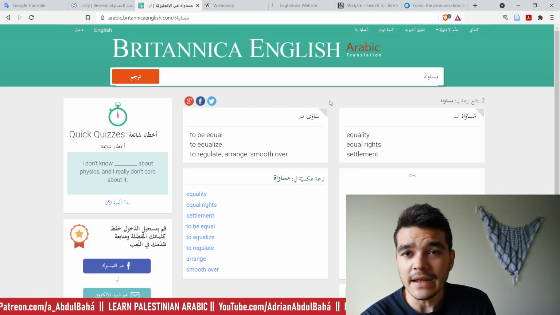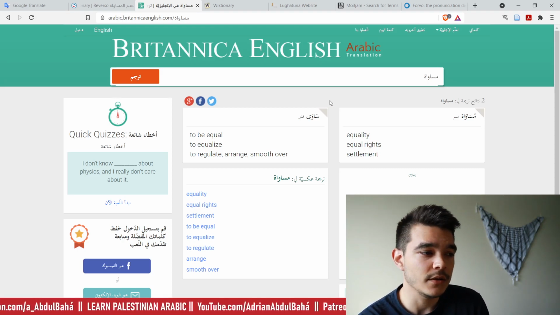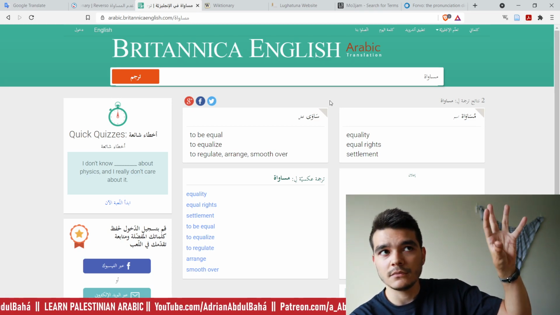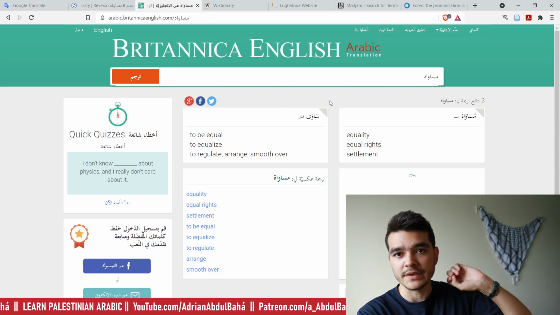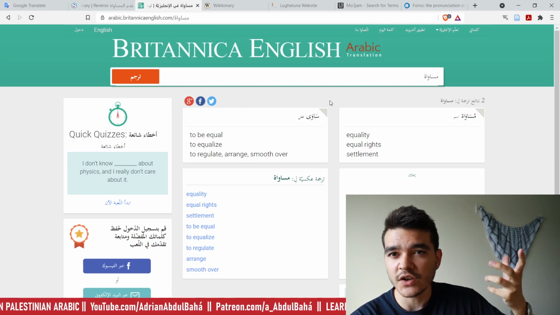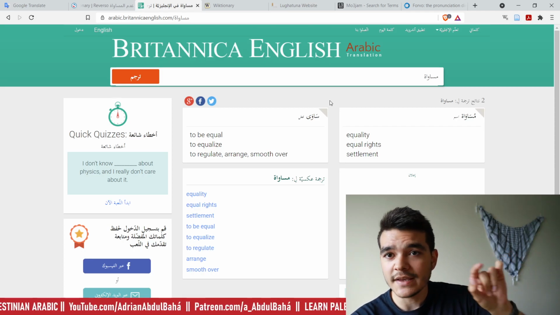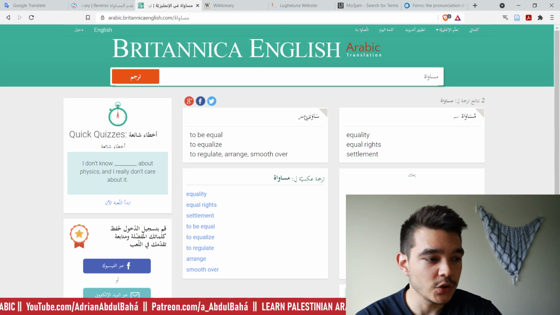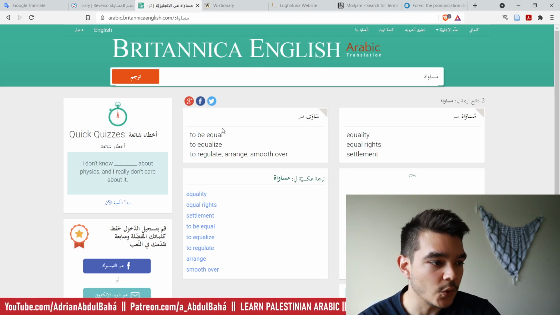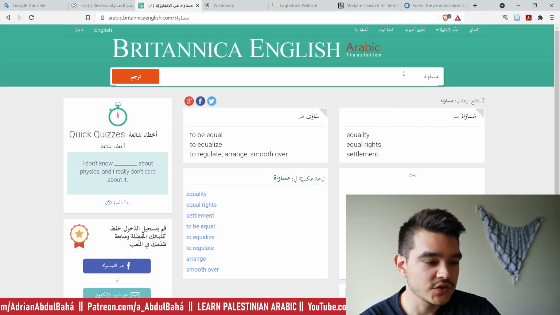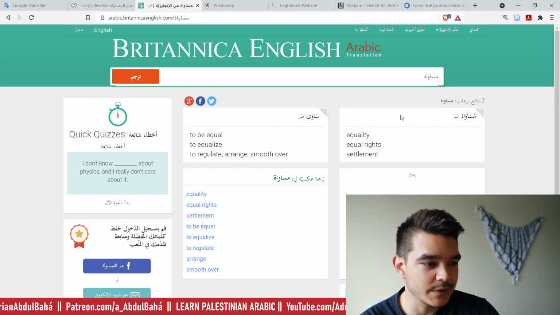I think the main useful thing from this dictionary is that it's not just extracting words from a corpus without thinking, but rather it actually kind of knows how the language works. So musawa is the masdar of sawa, and this dictionary actually knows that. So it will also give you the verb sawa, to be equal, to equalize. In this case, it's not the most useful, it's just not a very common word.